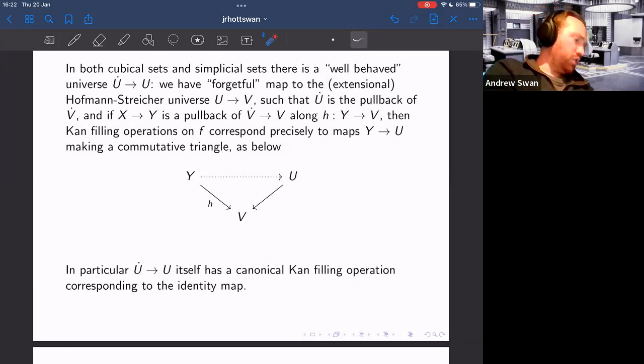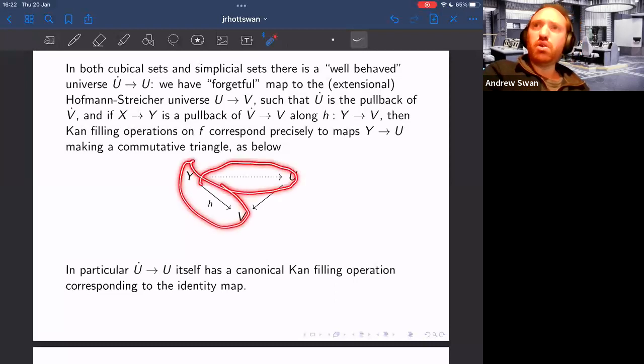I call this V, and the map is V dot to V. And then we have a map from U to V, and fibration structures on a small map from X to Y correspond precisely to factorizations of this map to Y through U.